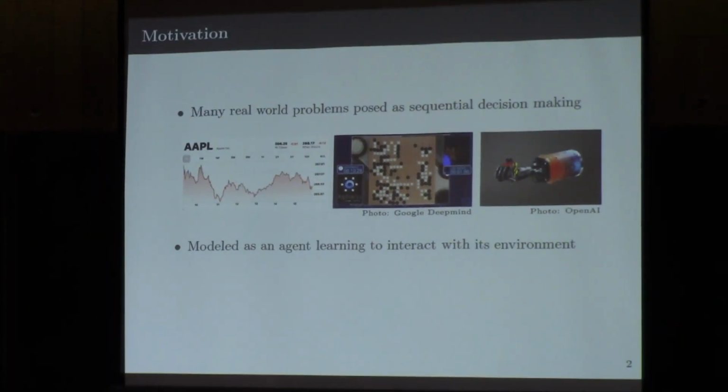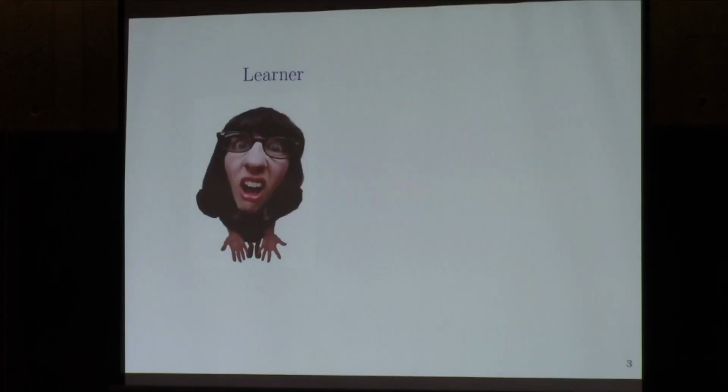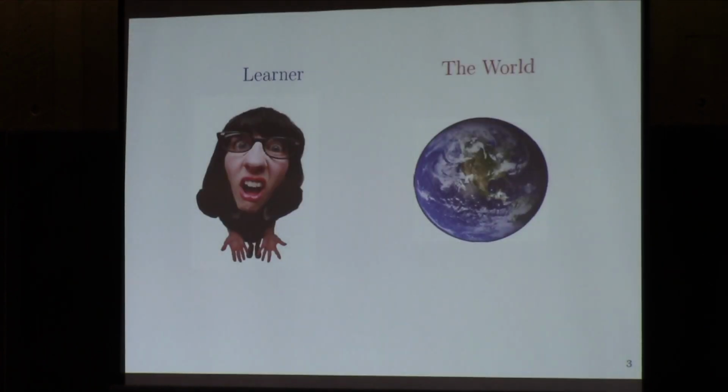sequential decision-making problems. So consider, for instance, time series prediction, or online gaming and auctions, or learning to control. And these applications are naturally modeled as an agent learning to interact with its environment. And online learning is a powerful and popular framework to study these problems of an agent interacting with its environment.